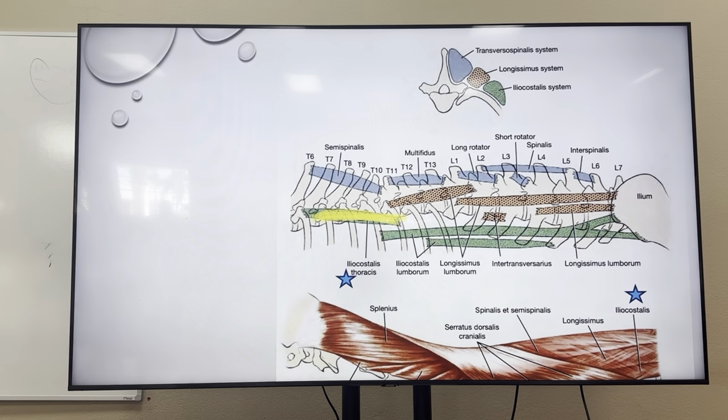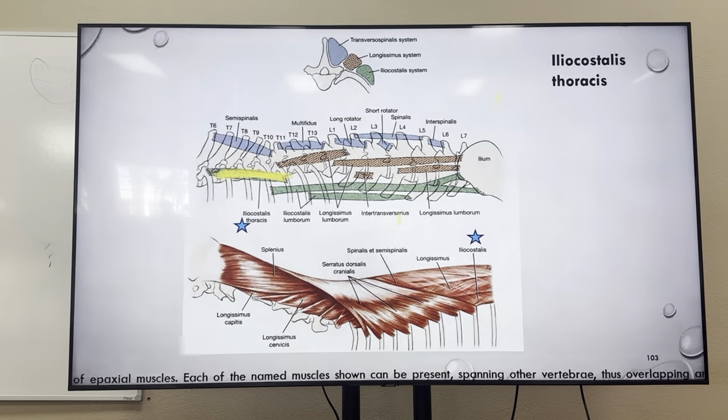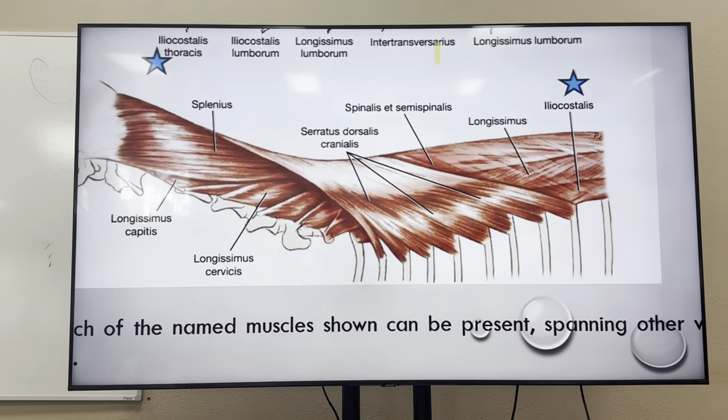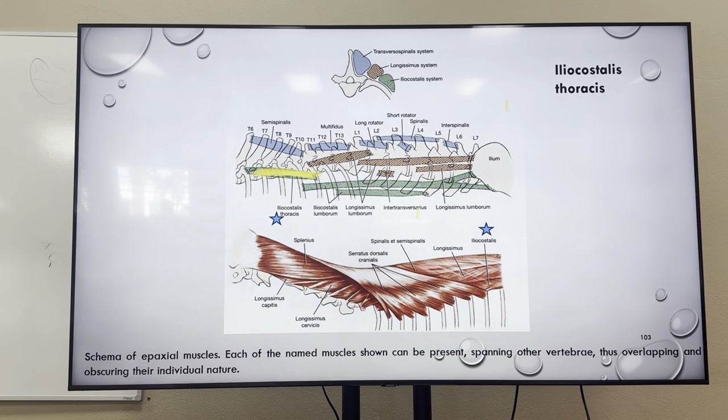We have iliocostalis thoracis here. Let's see where this extends from: starting from the 12th rib. If this is the 13th, we'll have it starting from the 12th rib and up to C7.